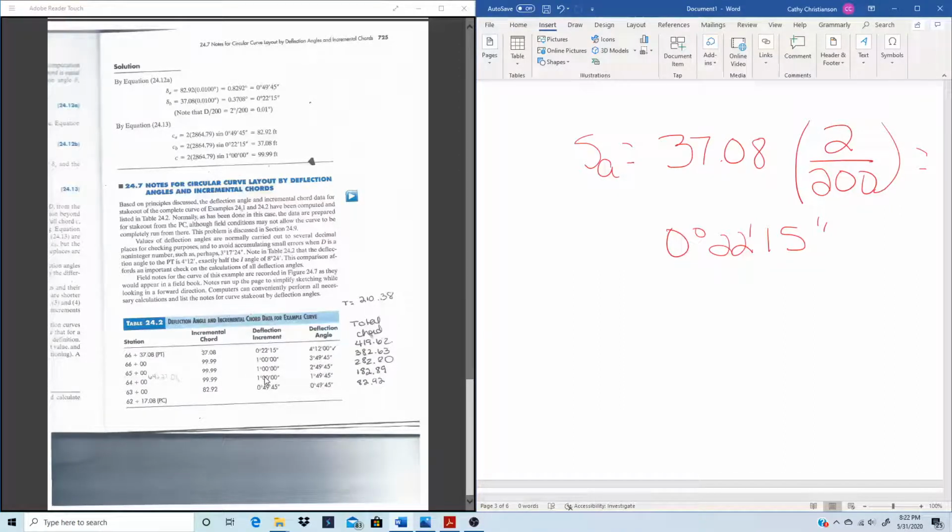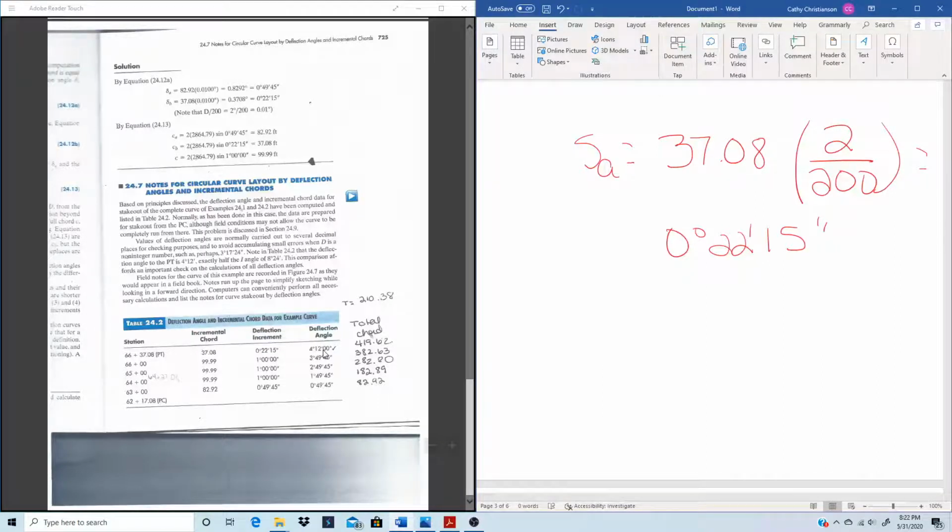Ours was 1, so you would add 1. So that would be 1 degree, 49 minutes, 45 seconds. And then we're going to add 1 again, so that would be 2 degrees, 49 minutes, and 45 seconds. And then to get to 66, we're going to add 1 again, which would be 3 degrees, 49 minutes, and 45 seconds. And for the last one, we're going to add the 22 minutes, 15 seconds. That should give us 4 degrees, 12 minutes.